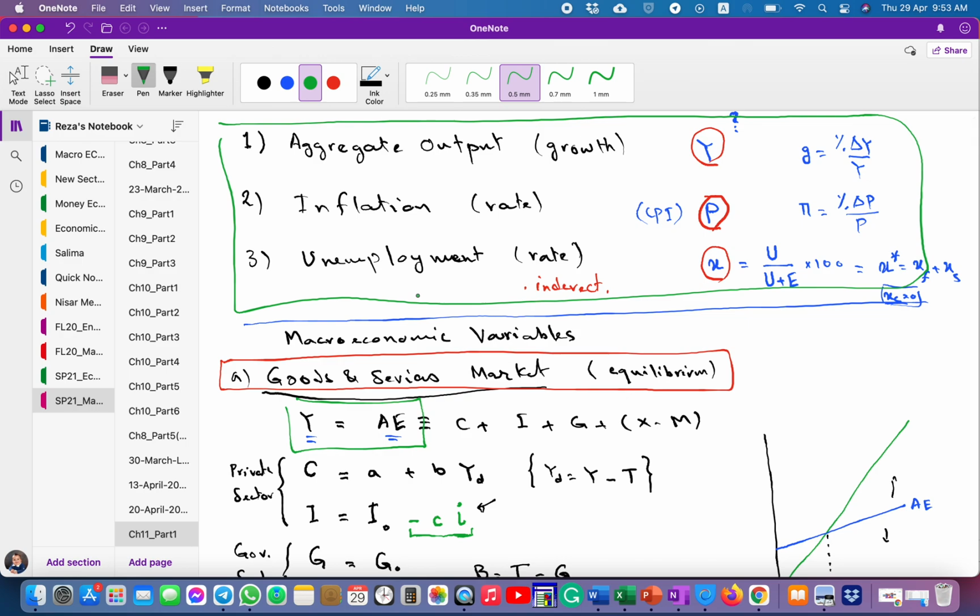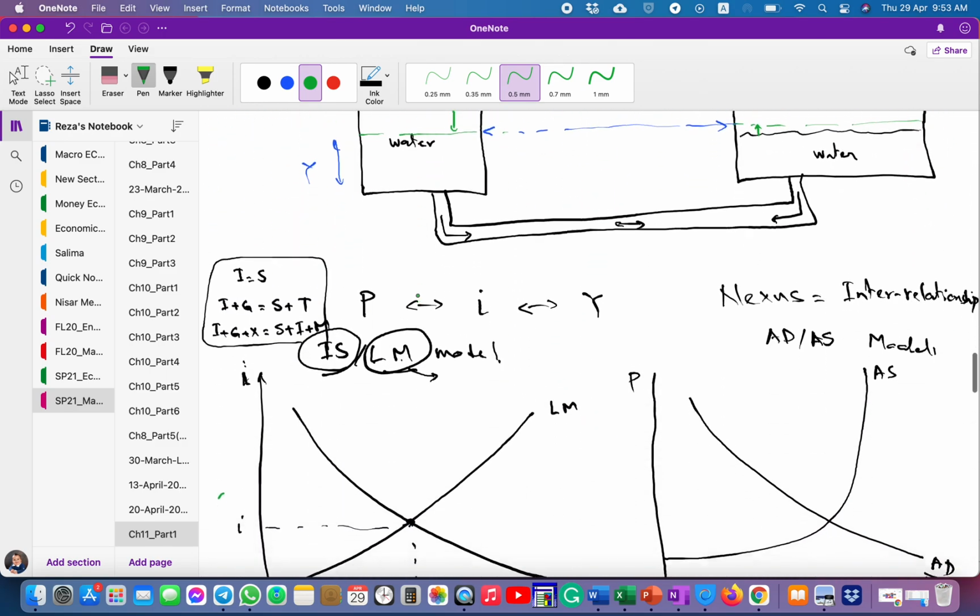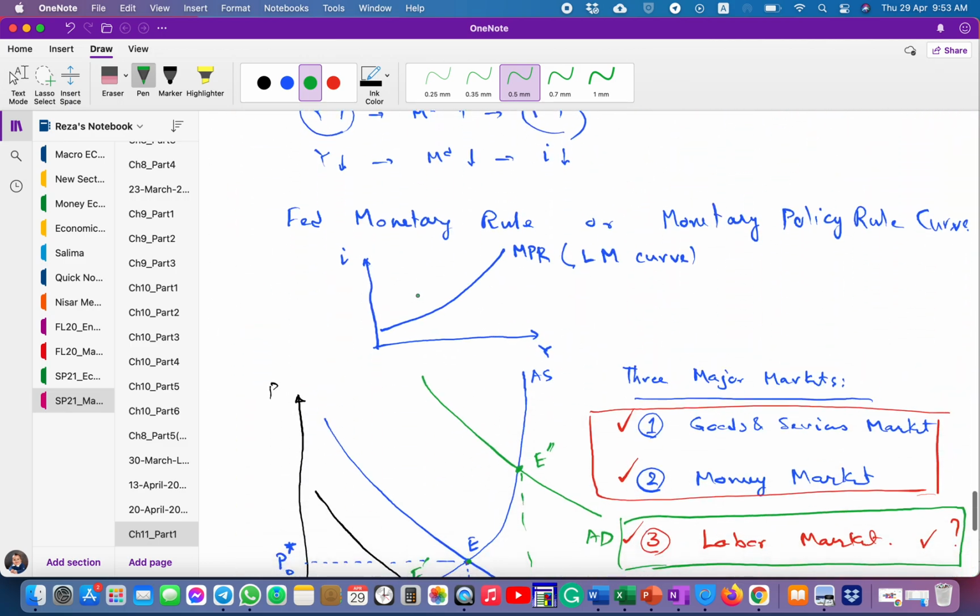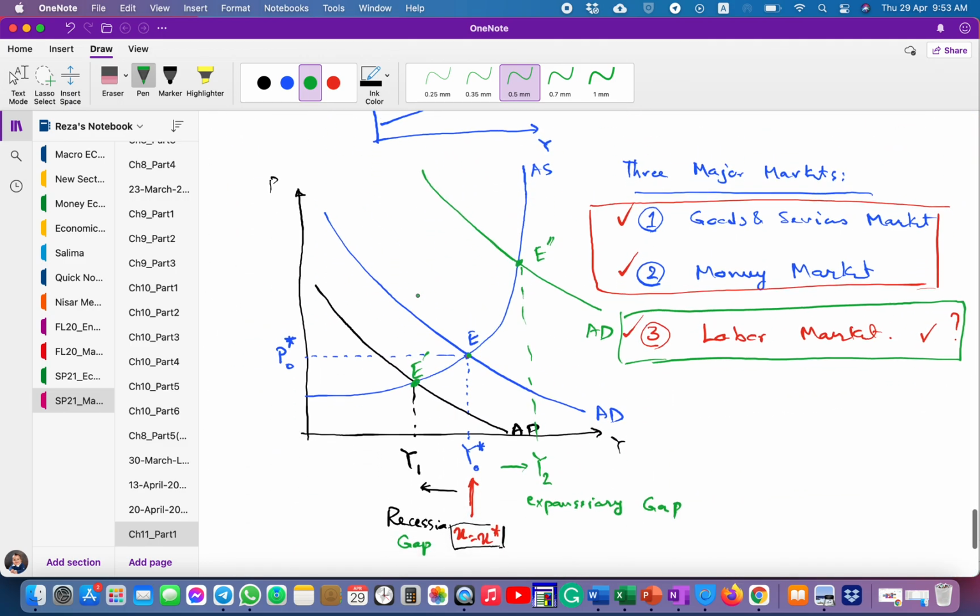The ideal state is that all input markets and output markets are in equilibrium. So we are expecting all three markets to be in equilibrium.